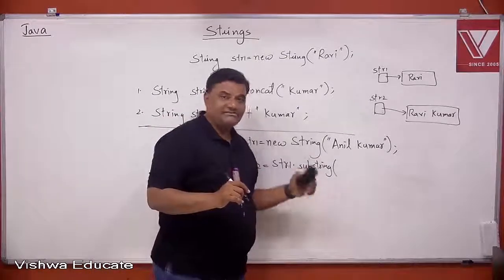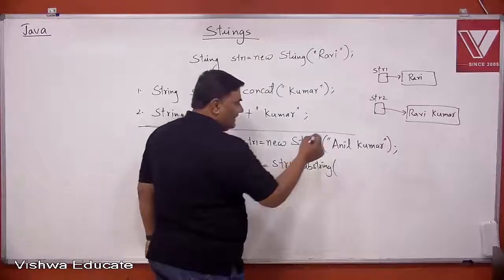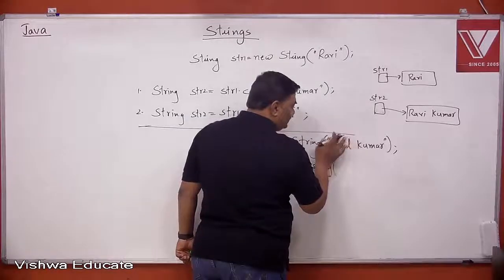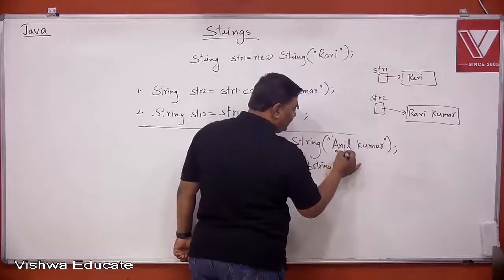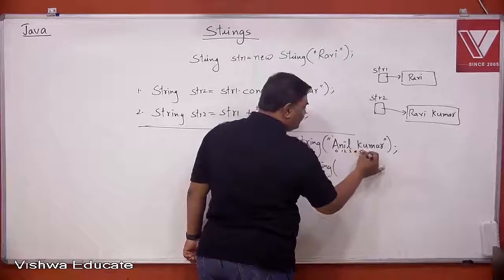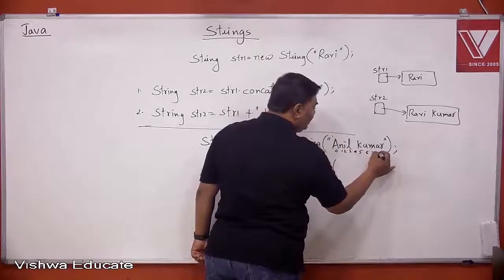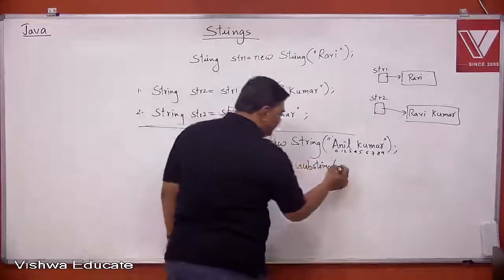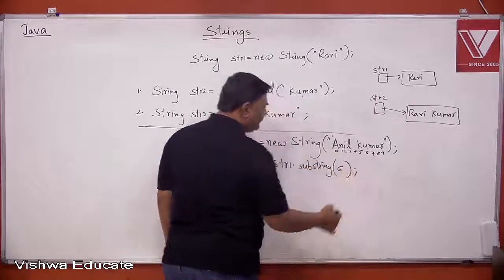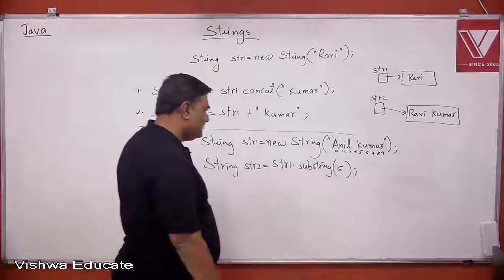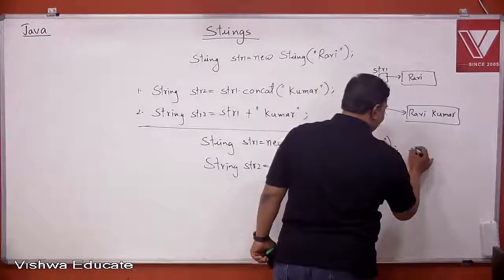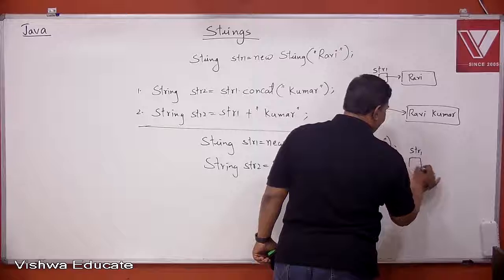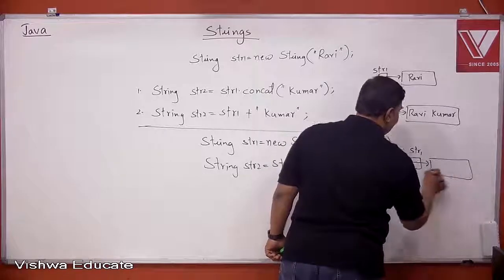So everything is in small letters. So 0, 1, 2, 3, 4, 5, 6, 7, 8, 9. So if I say 6, then what do I get? Here, str1 is a reference to Anil Kumar.